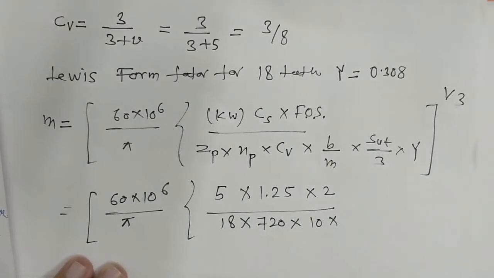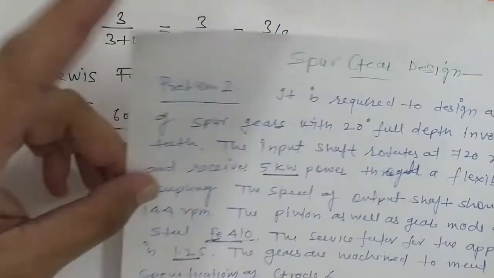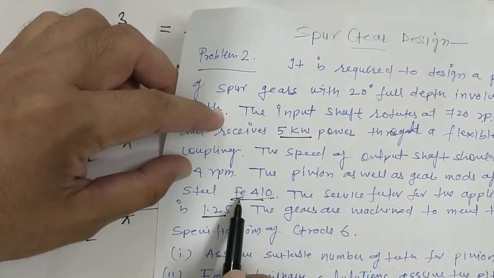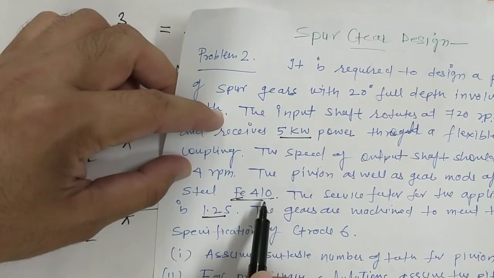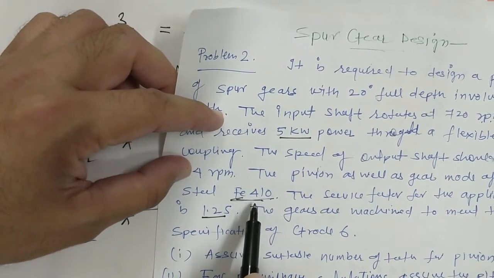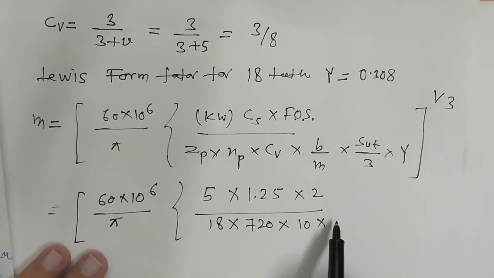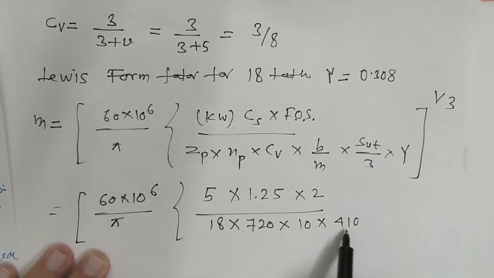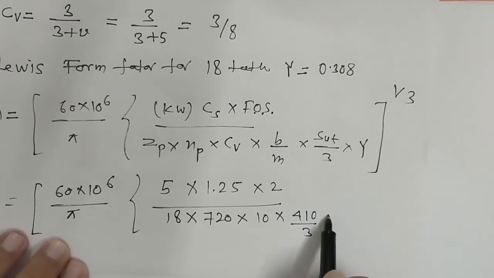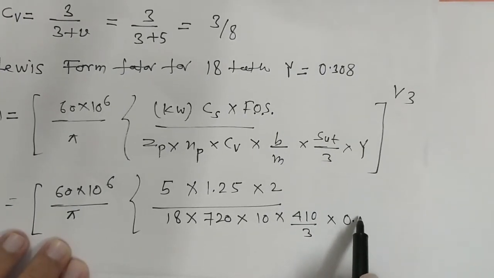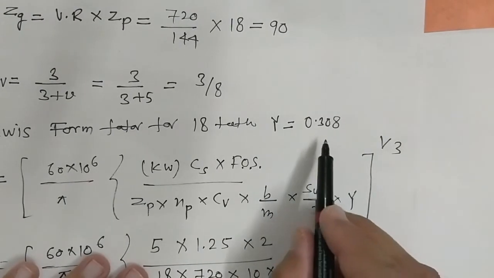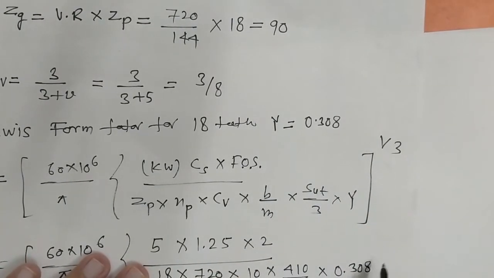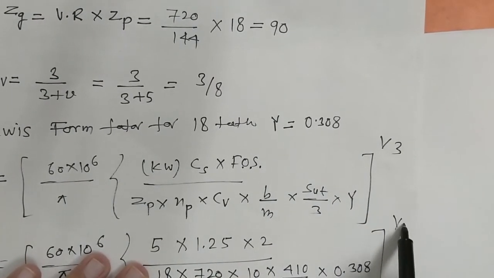For SUT, the material is Fe410, so the ultimate tensile strength is 410 Newton per mm square, so this is 410 divided by 3, and the Lewis form factor is 0.308 raised to power 1/3.